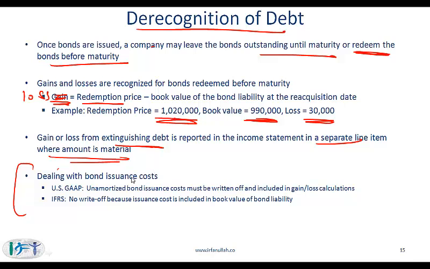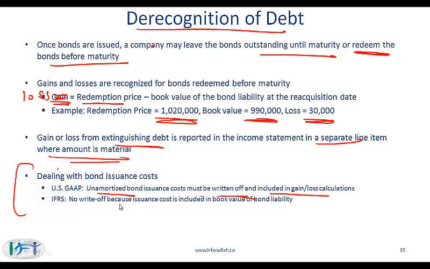So if a bond has a 5-year life and then after 3 years it has been redeemed, will there be some issuance cost on the balance sheet? Yes. It will be. So the unamortized bond issuance cost must be written off and then included as a gain or loss in the calculation. Obviously, it would be a loss if you are writing off the asset.